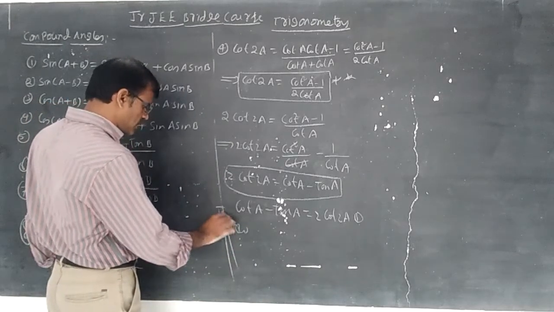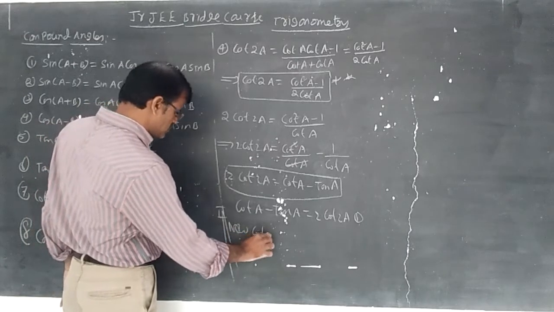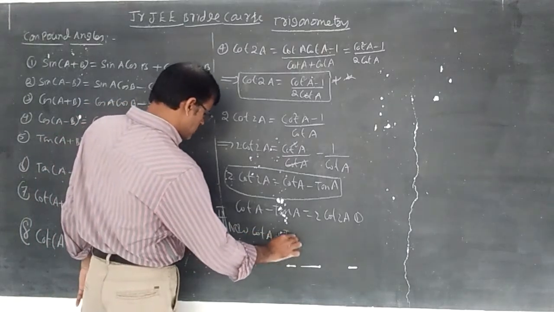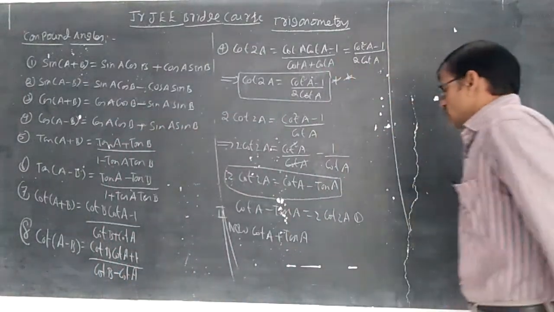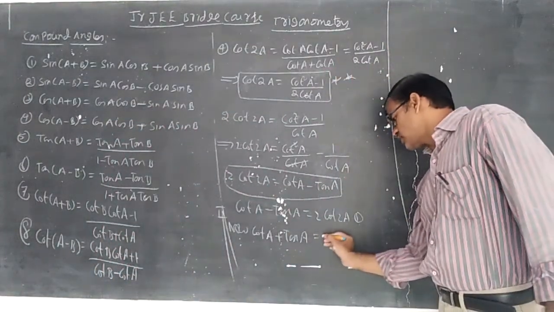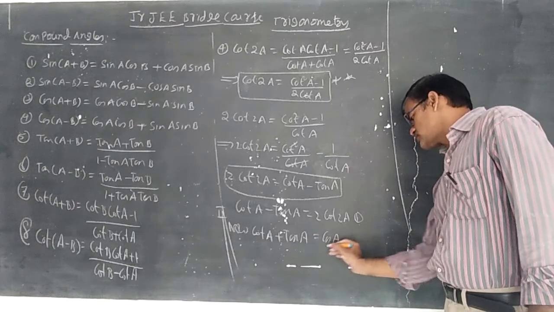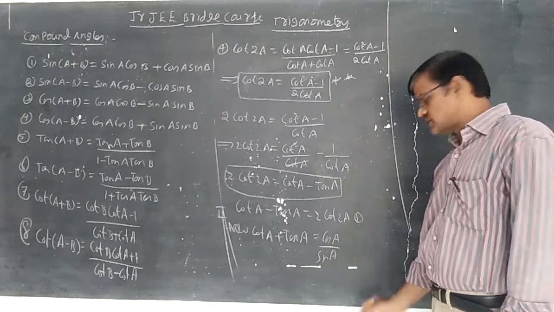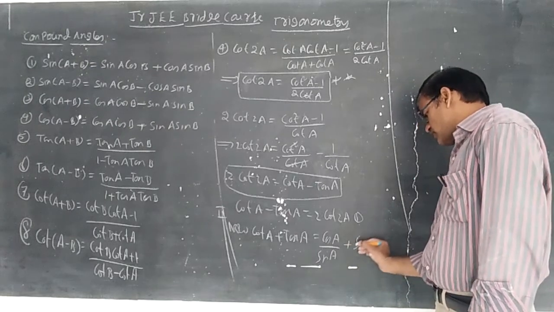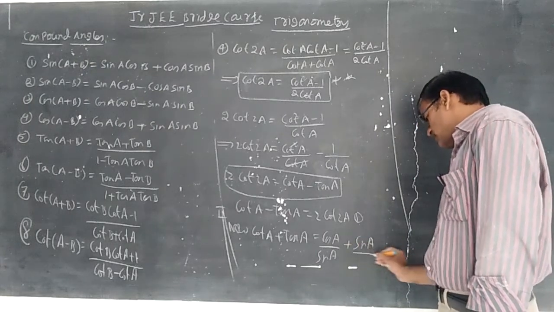Now, Roman number 2, another formula I am going to discuss with you, depends upon cot a and tan a. Cot a plus tan a we can write as cos a by sin a plus sin a by cos a.